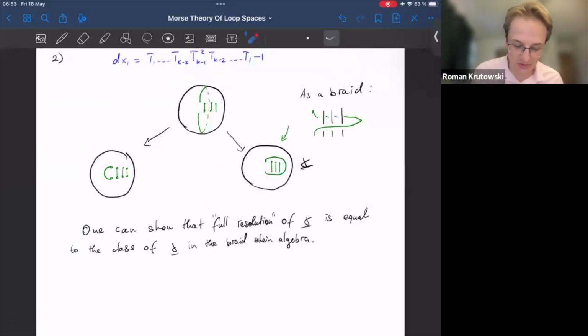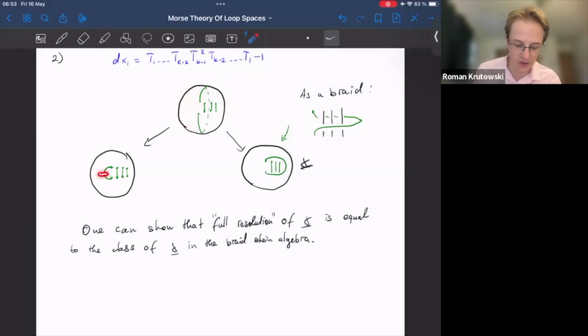Now let me show how one can verify that dx1 is equal to something like this. From this index 1 generator, for the round metric case, there are two flows. One goes this way and the other goes this way. The one that goes this way just travels around for some time, but it always stays in this hemisphere.